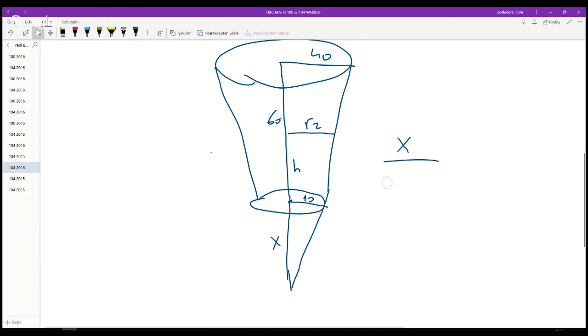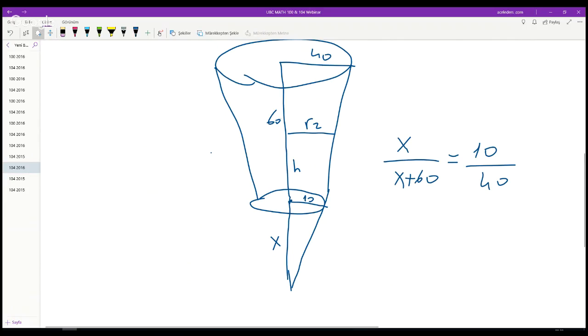For triangles, we have something like X over X plus 60 equals 10 over 40. This is how we are going to use that 40.